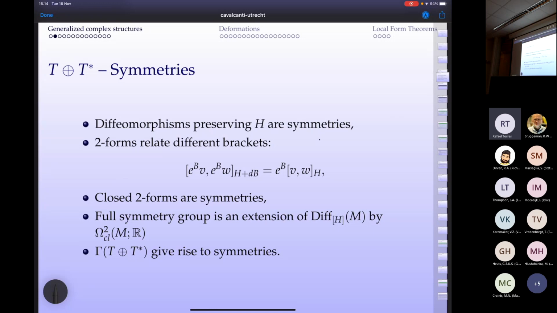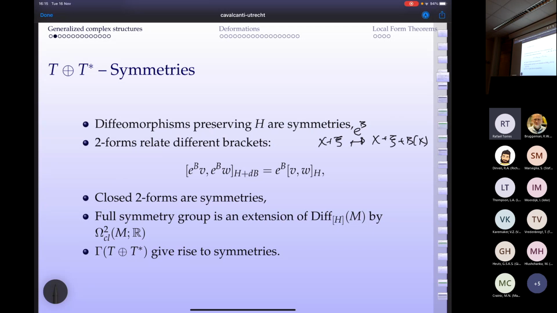I actually forgot to write it: X plus psi gets mapped to X plus psi plus B of X. That's e to the B. So it sends elements of T plus T star into elements of T plus T star. Even if it was just a vector, it will become a vector plus a form. And when you do that, you change H within its cohomology class. So you add dB to it.